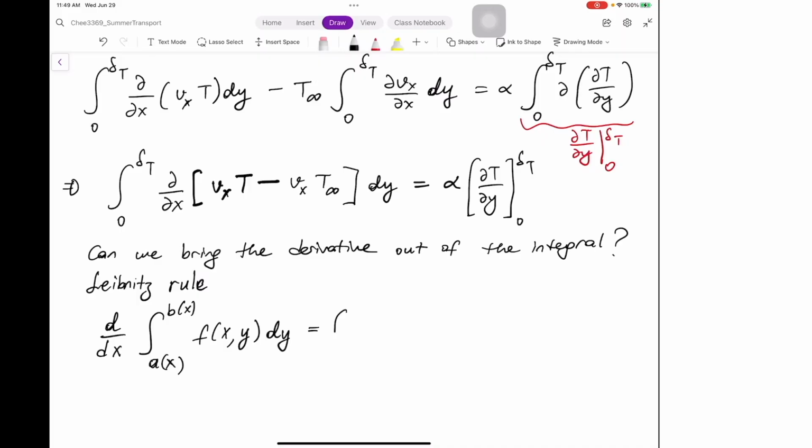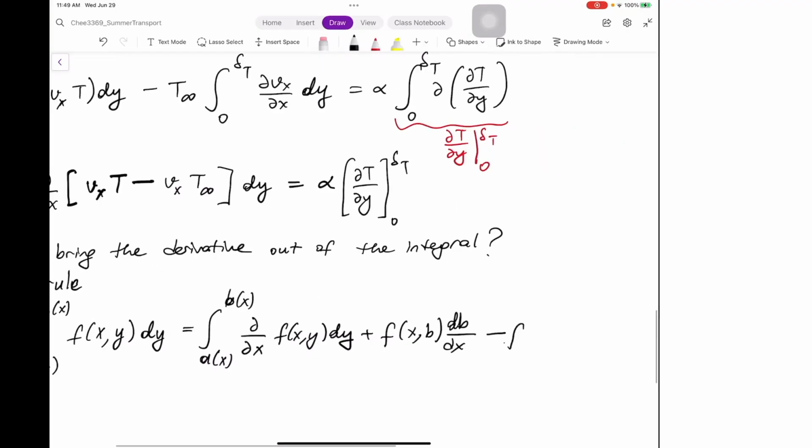Leibniz says that you can take the derivative inside, but you should have some extra correction terms. Plus f(x, b) db over dx minus f(x, a) da over dx.